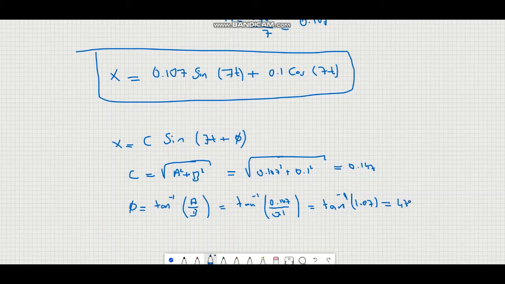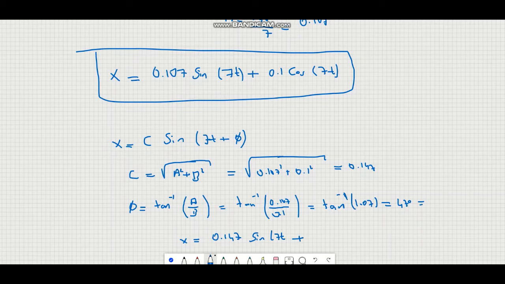So we can find our phase angle as 47 degrees. So we can write x in this form as 0.147 sine 7t plus, we can write 47, but because it needs to be in radians, we convert 47 degrees into radians.